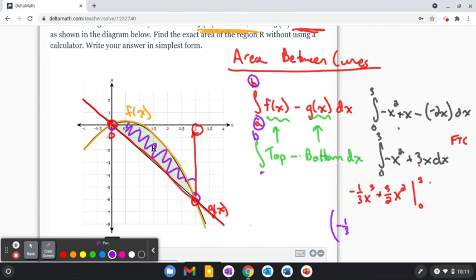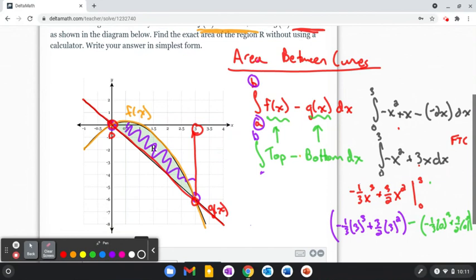And I like to put this whole thing in parentheses. More parentheses are better in my opinion. Negative 1/3 times 3 to the third plus 3/2 times 3 squared. That whole thing minus when we plug in 0, which is negative 1/3 times 0 cubed plus 3/2 times 0 squared. Fortunately, that's just going to give us 0 in this one because 0 times anything would give us 0.